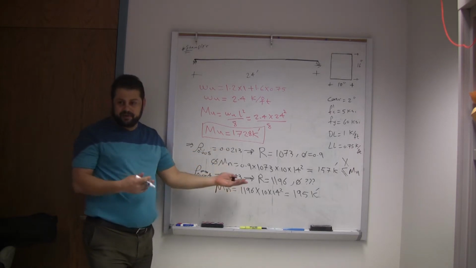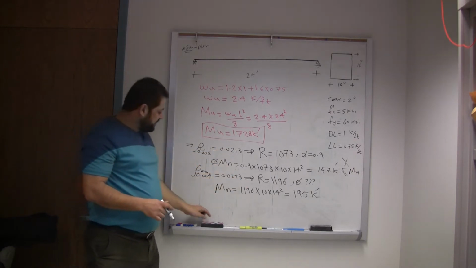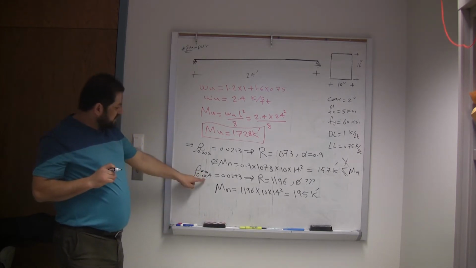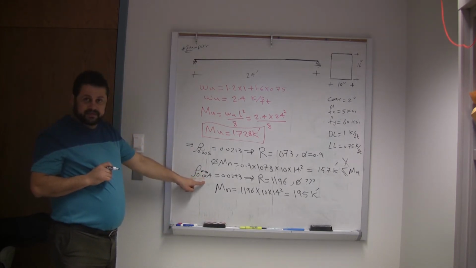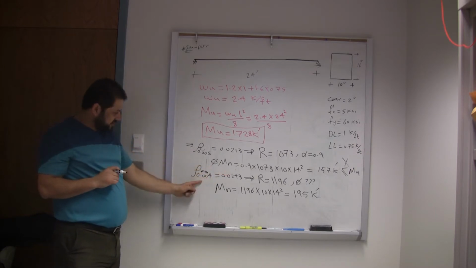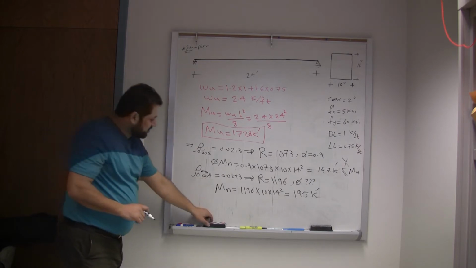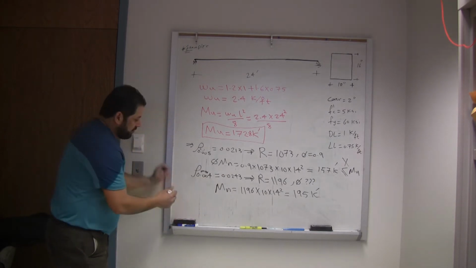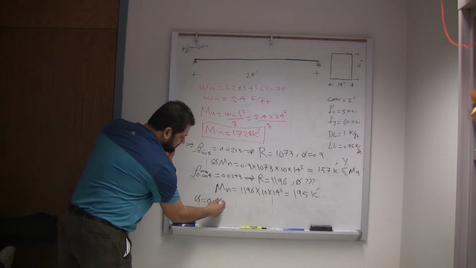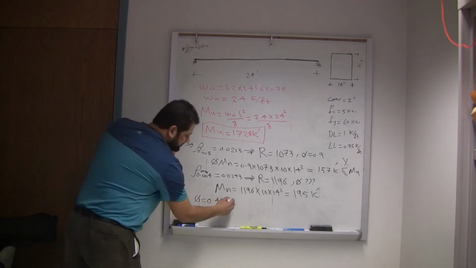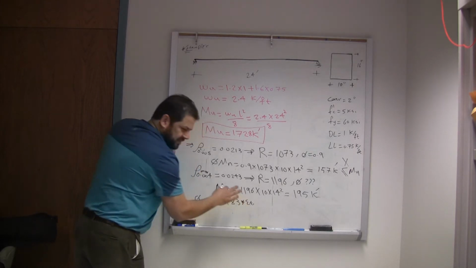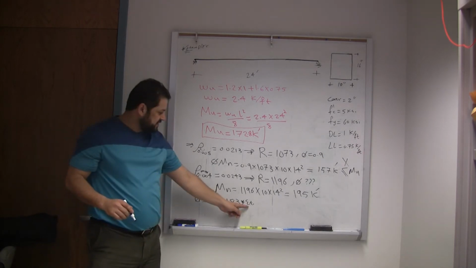I'm going to show you how we calculate the phi factor now. We calculate the phi factor from the strain distribution. How much will the strain in the steel be for rho max? It's given to you. It's 0.004. So the formula I gave you before for the phi factor, I think it's 0.48 plus 83 times epsilon t, which is the strain in the tension steel.